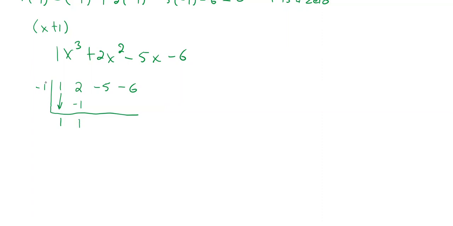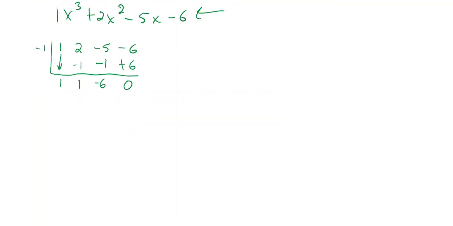And then -1 times 1 is -1. -5 minus 1 is -6. And then -1 times -6 is +6. And so now -6 plus 6 is 0. That should always be the case, right? If this actually was a factor, I knew that that was always going to happen.